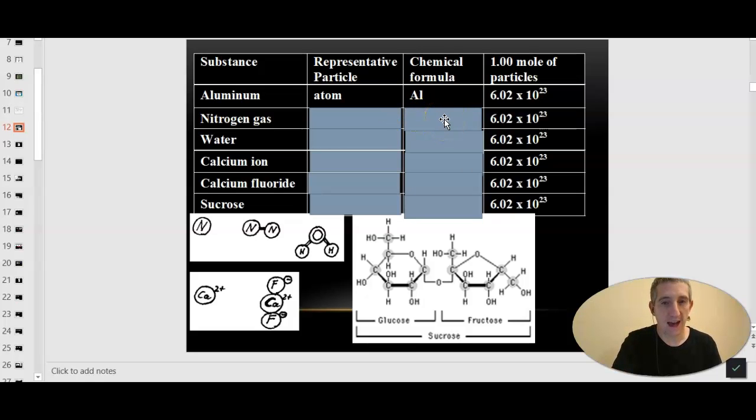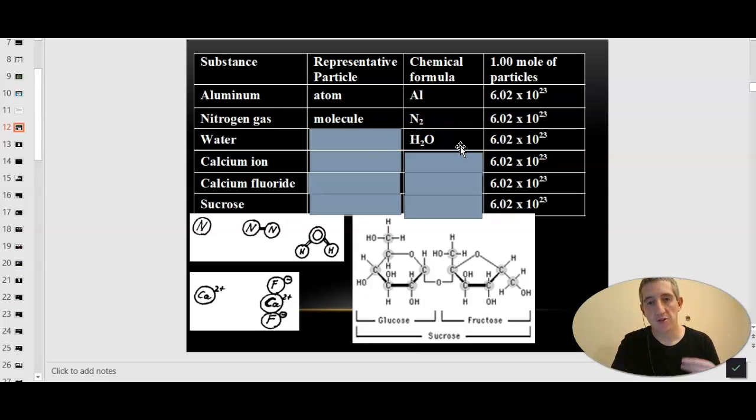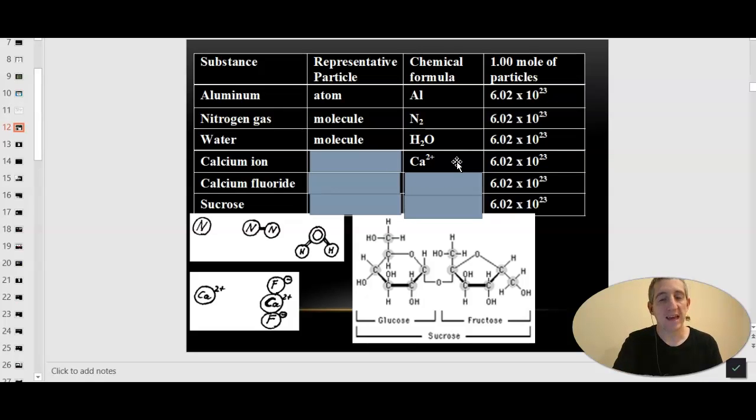Nitrogen gas, that's one of the 7 diatomics we have. When you see multiple nonmetals bound together, that makes it a molecule. Water, good old H2O, a couple of nonmetals bonded together, molecule. A calcium ion, Ca2+, with the 2+ charge coming from the second column of the periodic table.